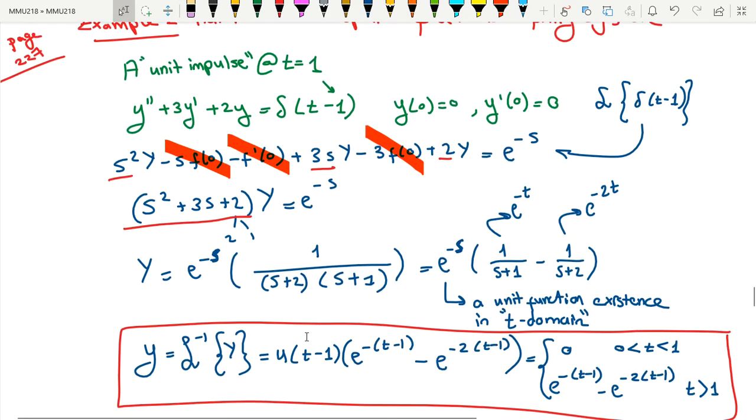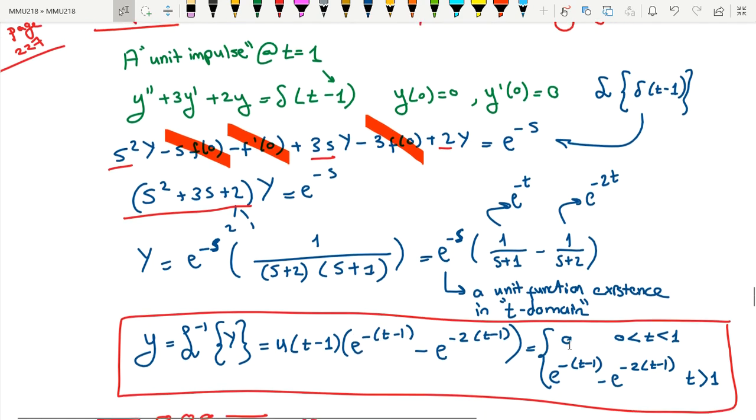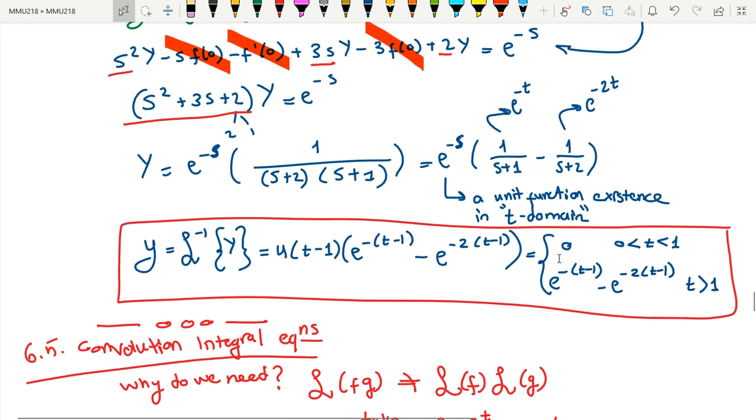Now, the shift within the unit function is by minus 1, u of t minus 1, and the original function was e to the minus t and e to the minus 2t, and those t's are shifted by 1. And that's like a piecewise representation up to 1.